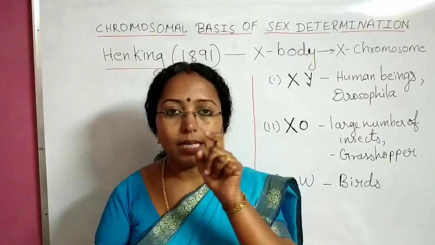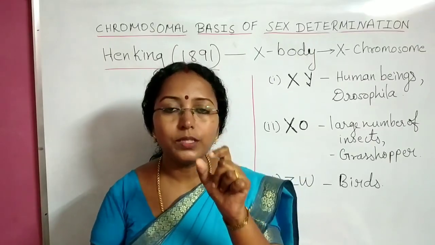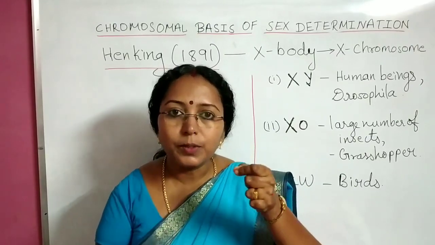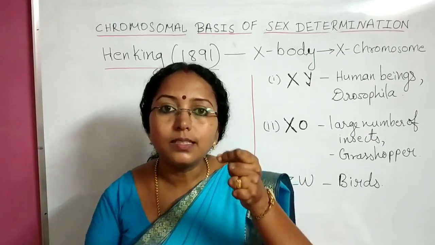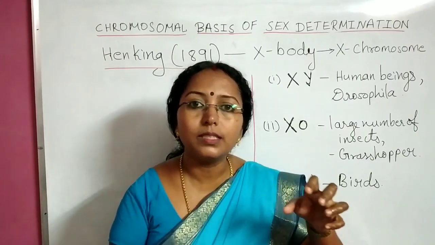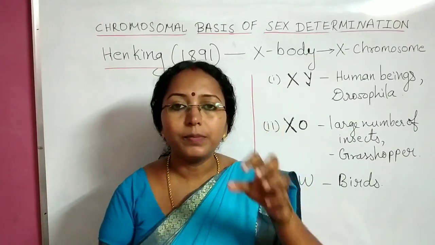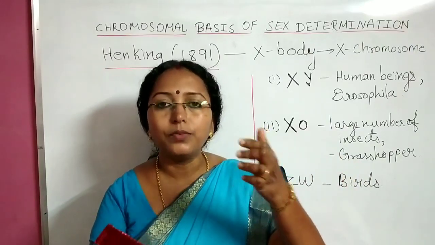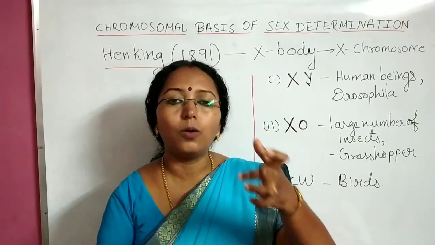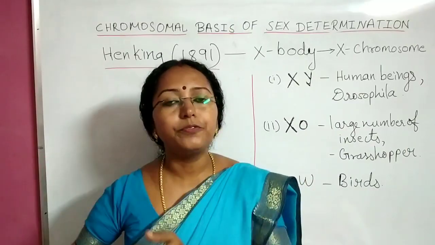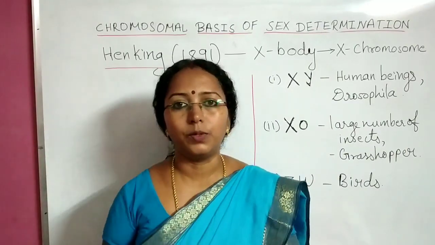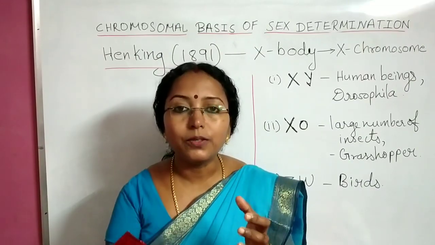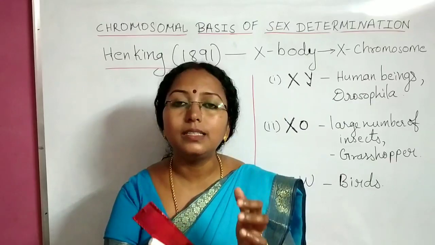So there is one cell that is going to produce sperms, and when it is producing them, 50% of the sperms produced from that cell get this X body. X body means the body which he was observing and moving. He called it the X body. The rest 50% did not get that X body.